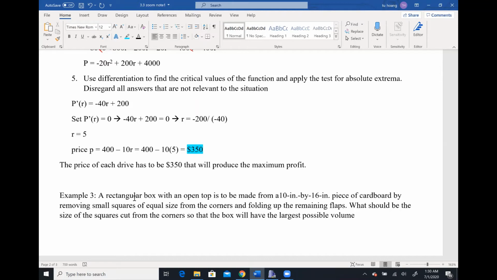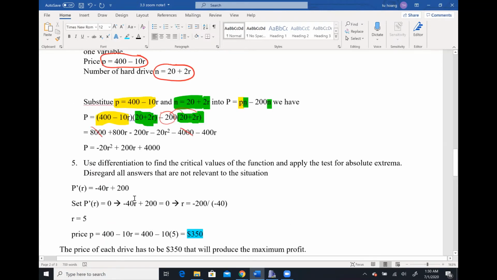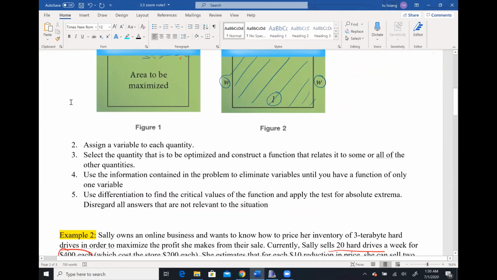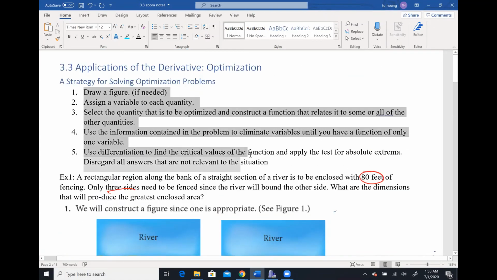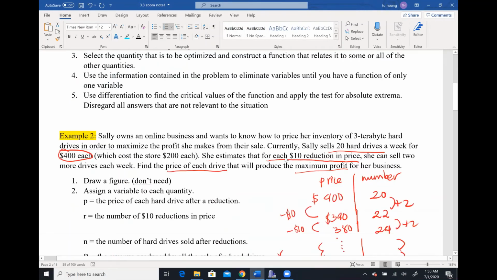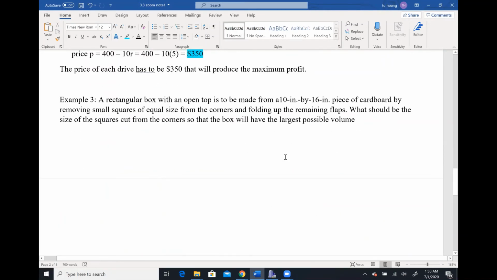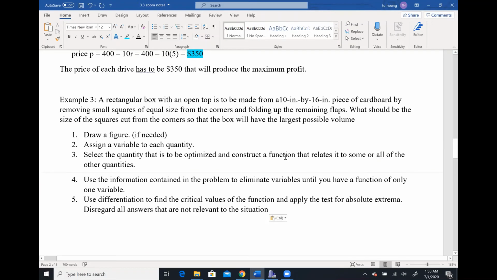I will copy down the 5 steps so I don't forget them. All right, so now here are my 5 steps.